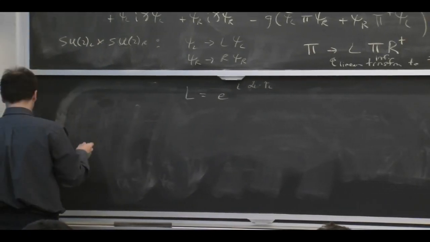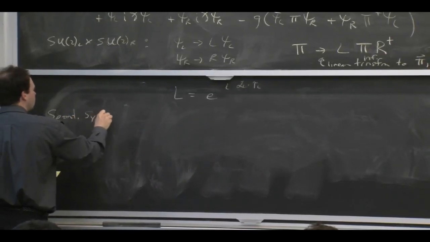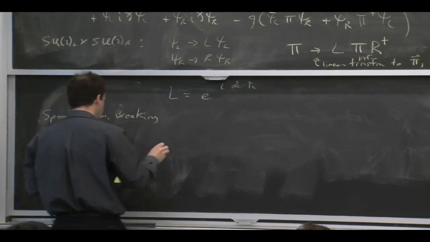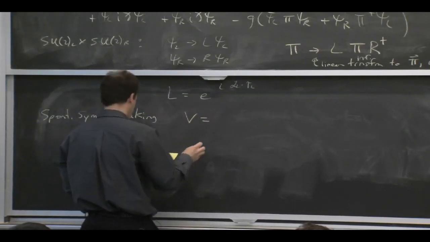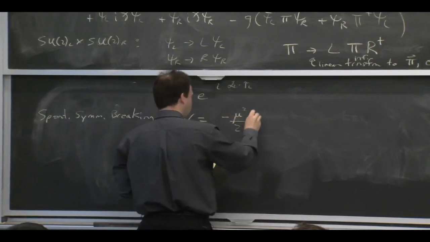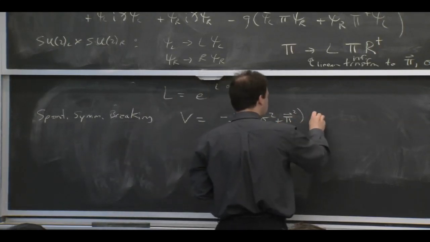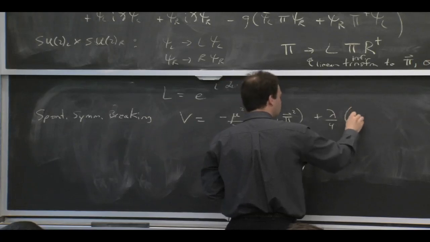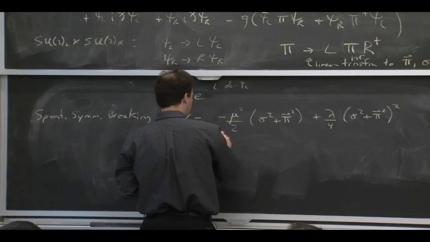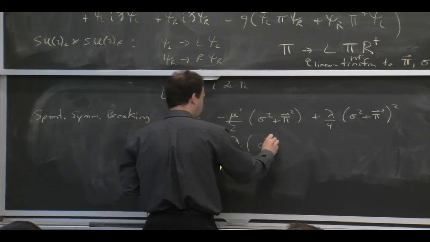Okay, so this theory has spontaneous symmetry breaking. And if we write out the potential by taking the traces, then we can write it in a way that makes that obvious by completing the square.